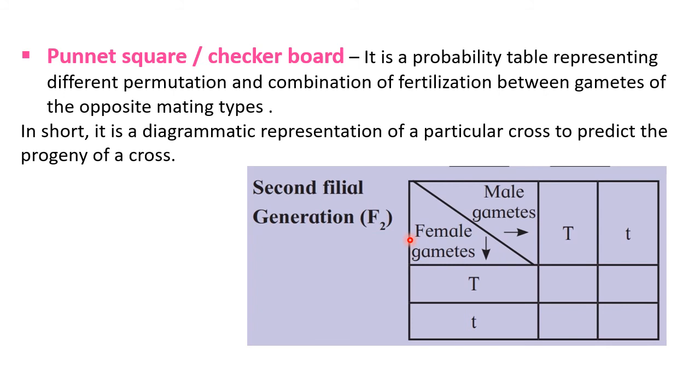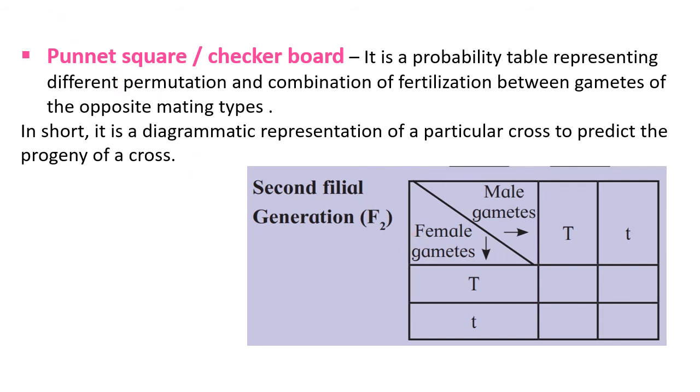We have also seen the phenotypic as well as genotypic ratio in F2 generation. So Punnett square or checkerboard is one of the methods used to detect the number of progeny produced in the second filial or F2 generation.